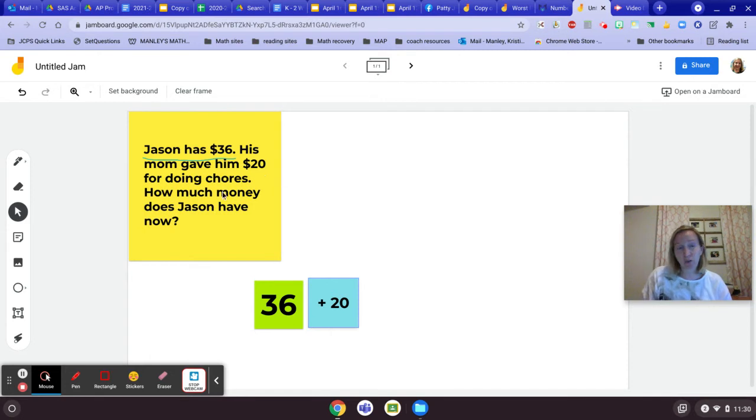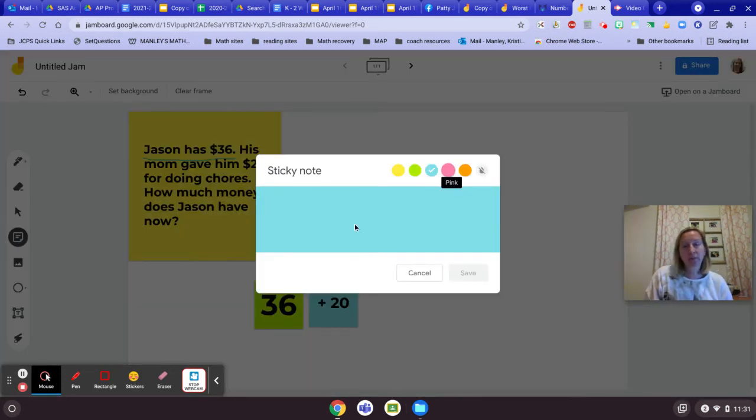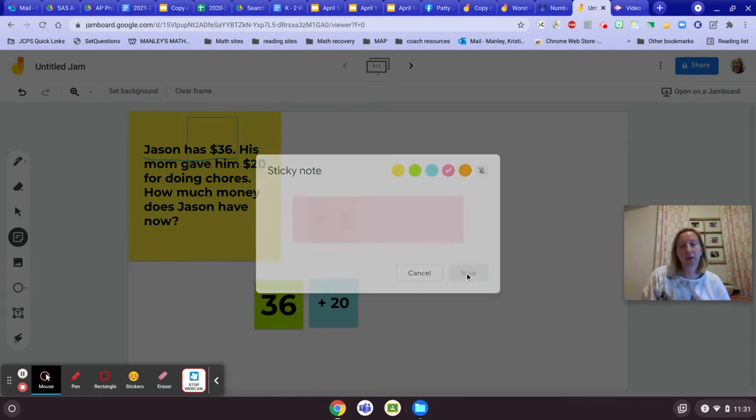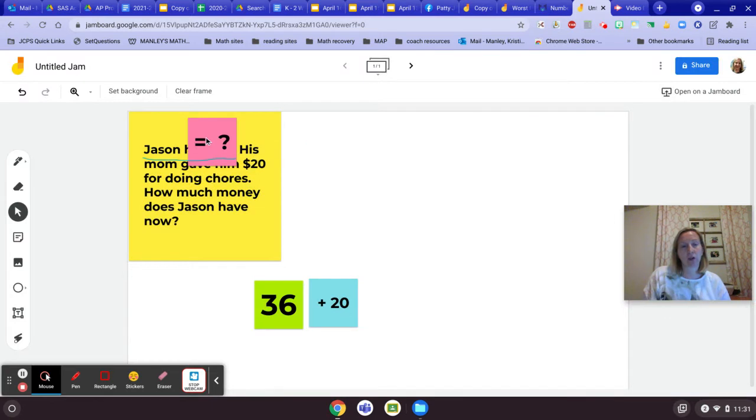So now we got to find the ending of the story. How much money does Jason have now? Okay, so we don't know the ending of the story. So that's what we got to figure out. So we want to know, what does that amount of money equal? What does that give us? Okay, so that's the story that we're trying to solve.